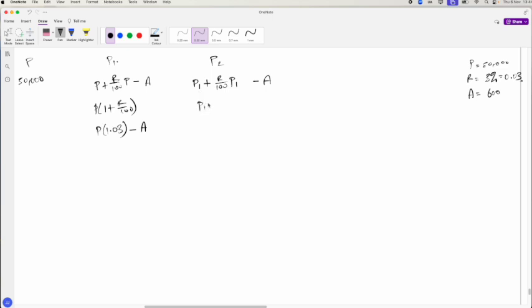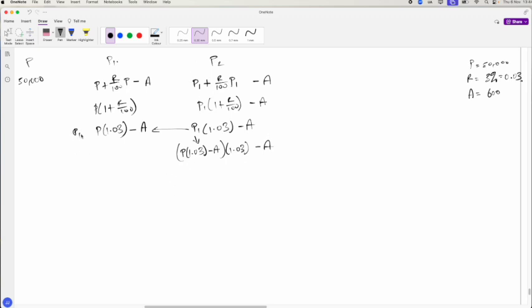So this will be P1 into 1 plus R over 100. Remember, 1 plus R over 100 is 1.03. And so P1 now is this. I could substitute this P into 1.03 minus A. That is P1. All multiplied by 1.03. And then I have this minus A on the outside. So that will give me P2.